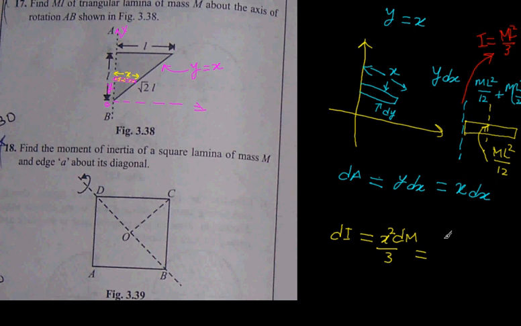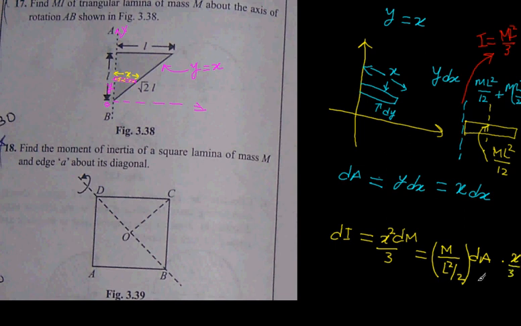The density means total m by total area, and the total area is L square by 2. This is your sigma into dA. This whole thing is dm into x square by 3.